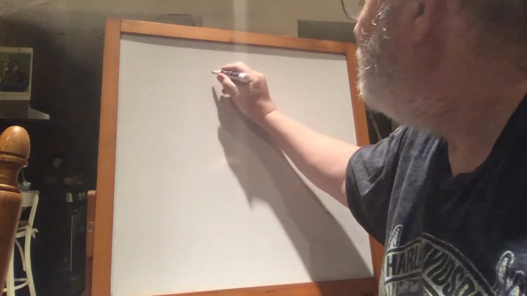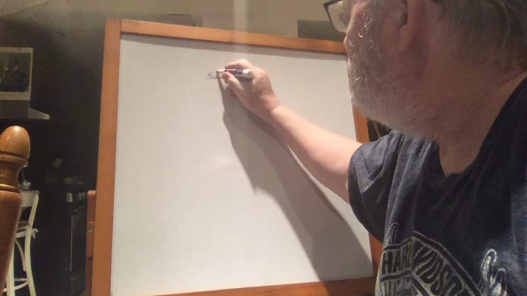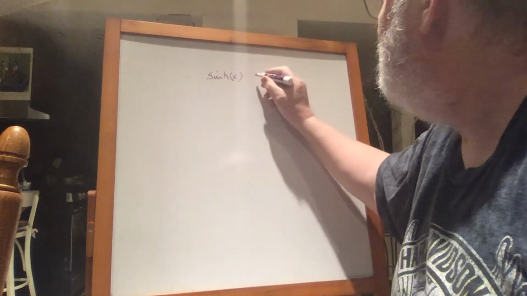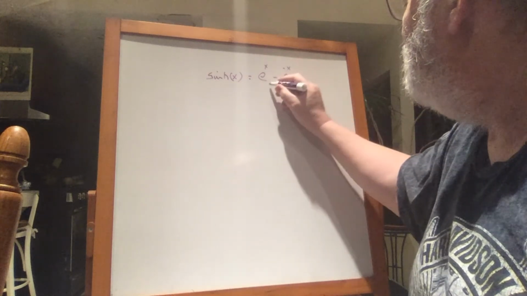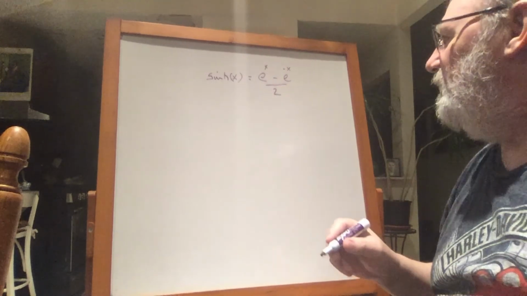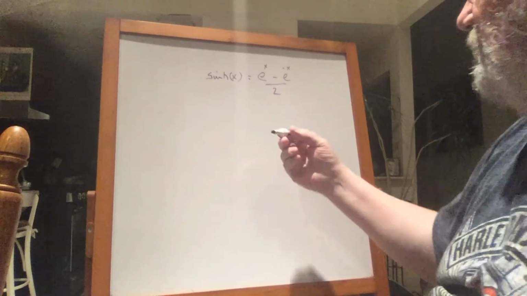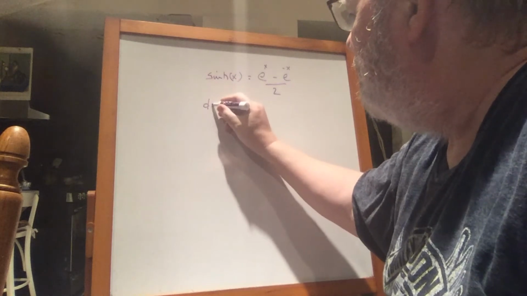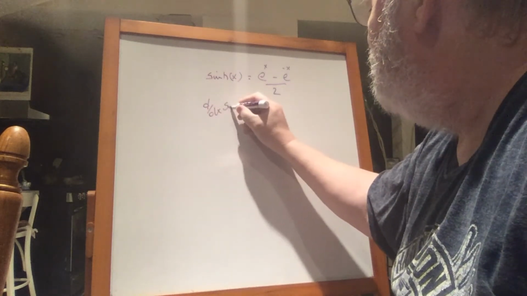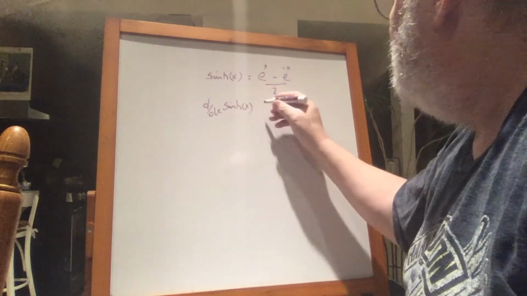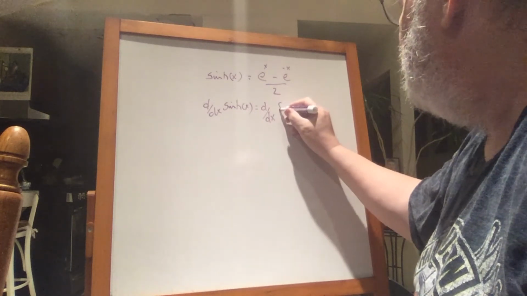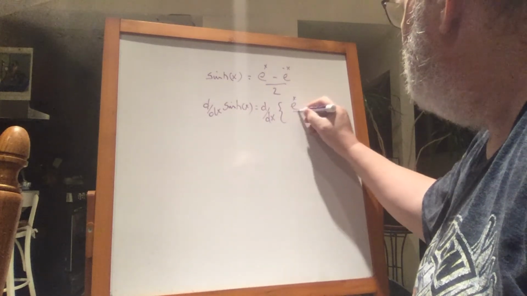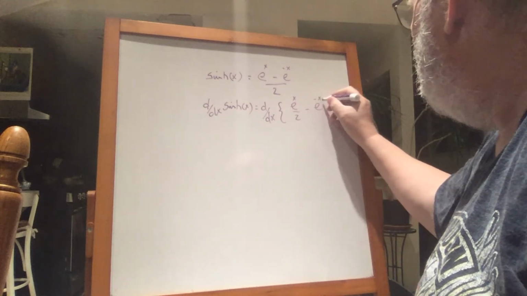Okay, so let's take a look at the hyperbolic functions. We've got the sinh of x equals e to the x minus e to the minus x over 2. And so if we go d/dx of sinh x, we have d/dx of e to the x over 2 minus e to the minus x over 2.